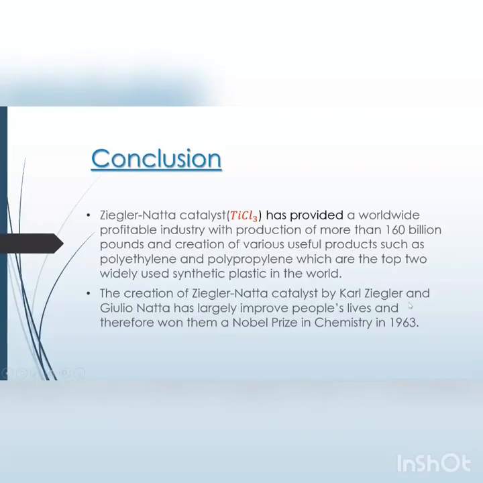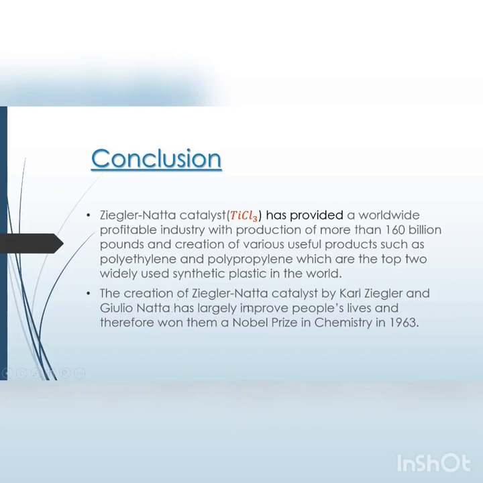Okay, so hopefully you guys can understand more about our topic, which is titanium trichloride as catalyst. We have reached the end of our video presentation, and the conclusion of our topic is that the Ziegler-Natta catalyst, which is titanium trichloride, has provided a worldwide profitable industry with production of more than 160 billion pounds and creation of various useful products such as polyethylene and polypropylene, which are the top two most widely used synthetic plastics in the world.